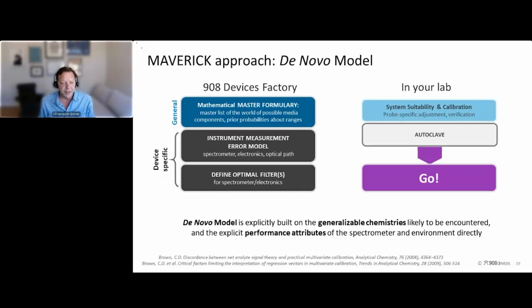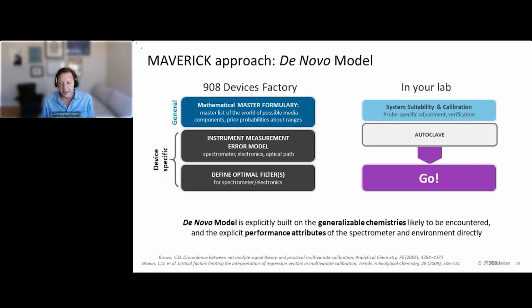On the single device level, as we build Mavericks, there are a couple of other really important pieces. So for a given Maverick, an instrument measurement error model is built. And what does that mean? Well, it's a detailed physics-based model of the spectrometer, the optical path, and the behavior of electronics.